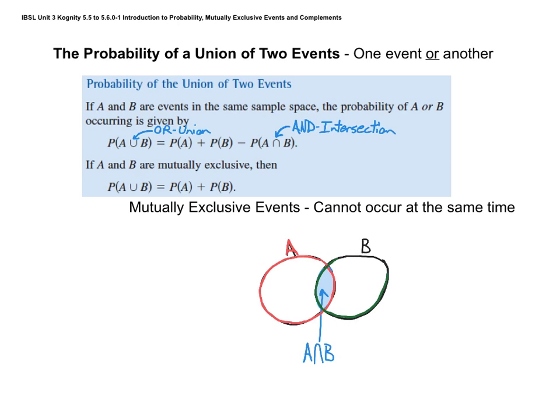This circle here is B. Now, the probability of A union B is going to be everything in both of these circles. Can you guys see that? That's a little bit light. That's the A union B.